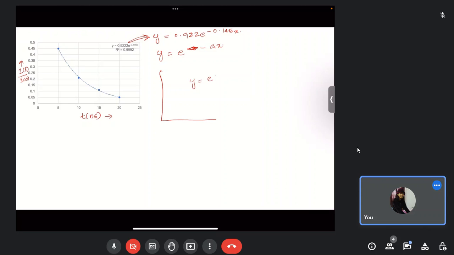For example, something like 0.25x. We are supposed to fit I(t) by I(0) against t to something like this. This is how you're supposed to fit it.